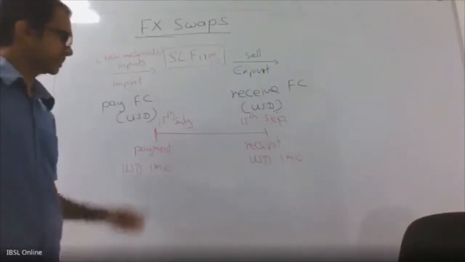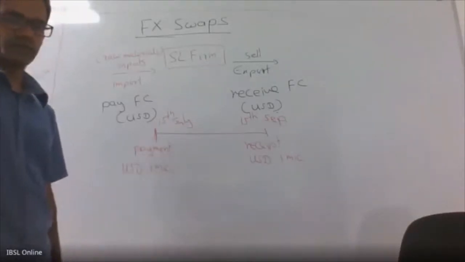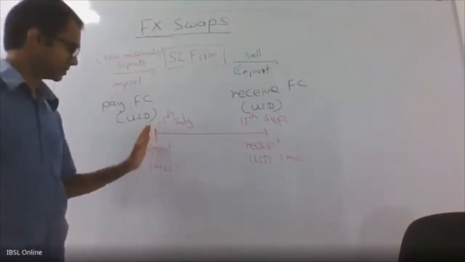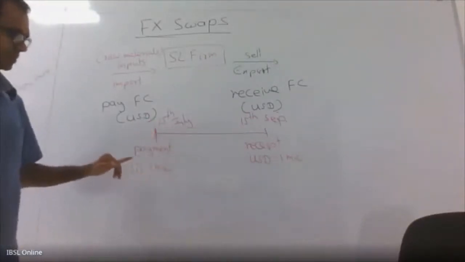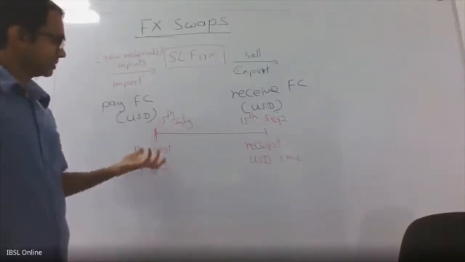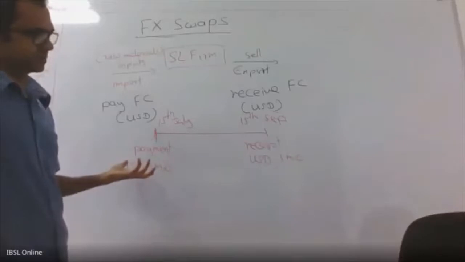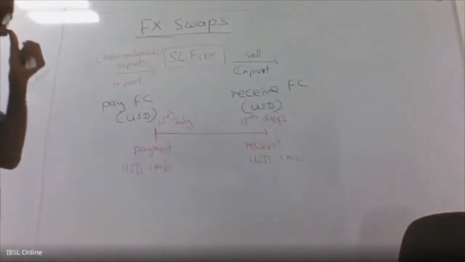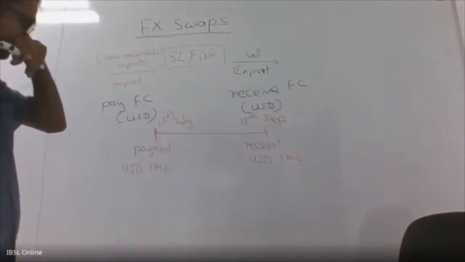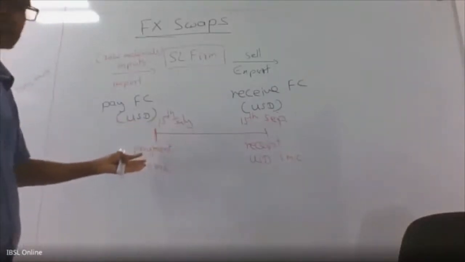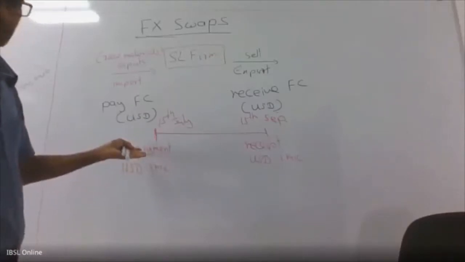But in some instances it may not be possible. Sorry, this is a payment, I'll reverse it. On 15th July, what do you have to do? You have to make a payment.